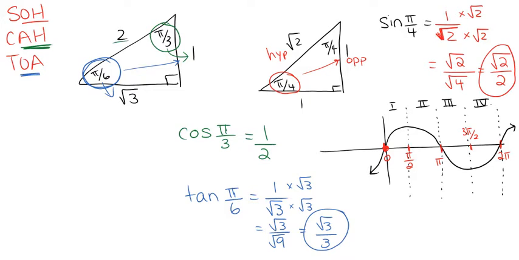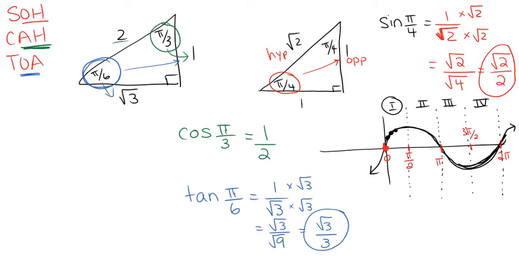So we know that our values repeat themselves all the time. So far using pi over 6, pi over 3, and pi over 4, we've only been using quadrant 1. Pi over 6, pi over 4, and pi over 3 are all these values right here.